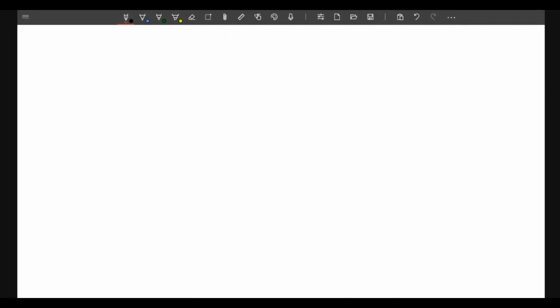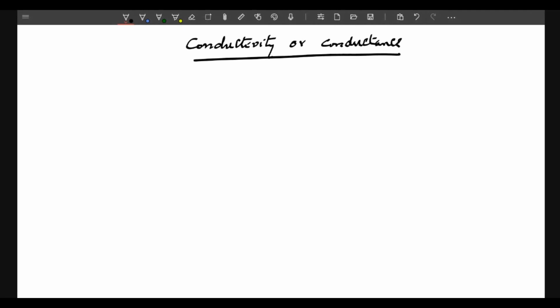Okay, and the next is the conductivity of a solution, conductivity or conductance. What do you mean by conductivity?